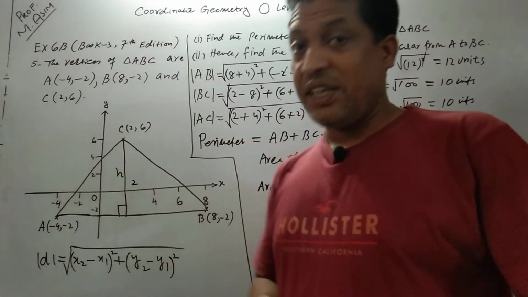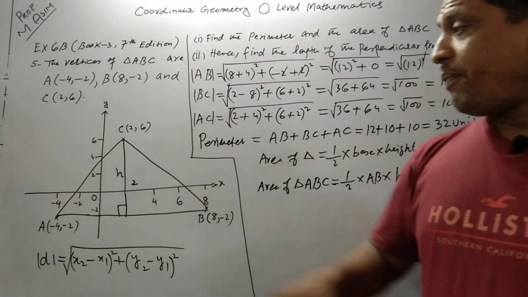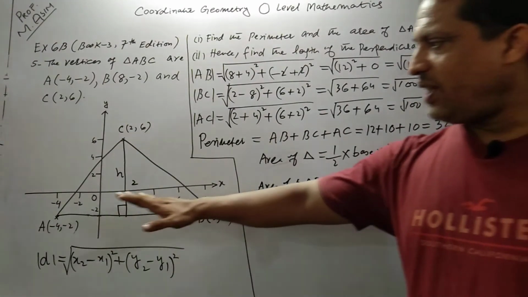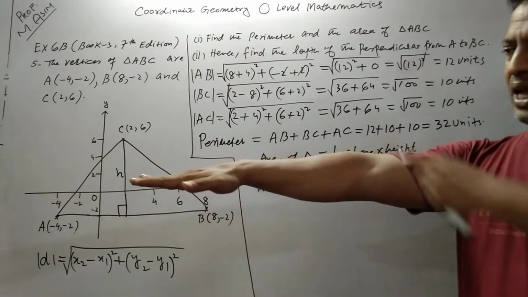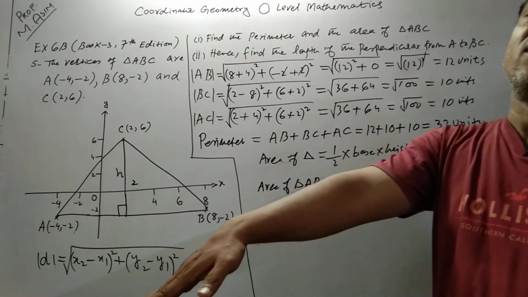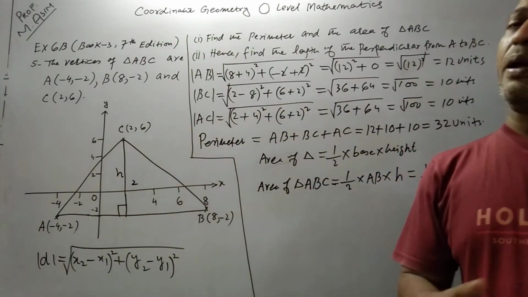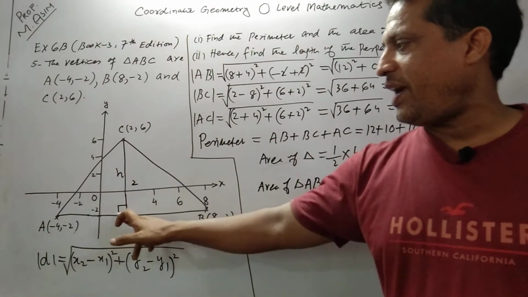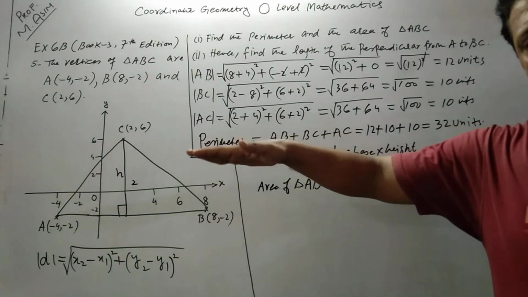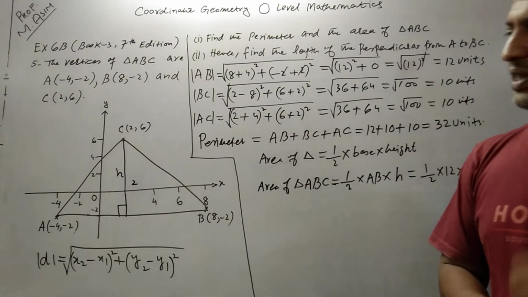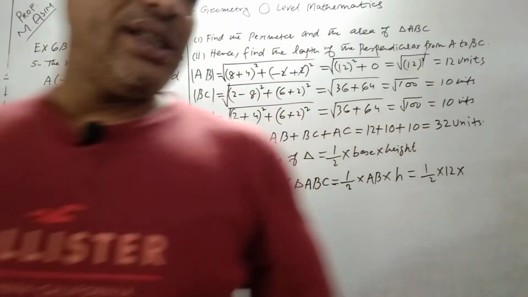Yes, this is perpendicular. Why? Because this line is parallel to the axis. If this line AB is not parallel and is just tilted, then we cannot draw the perpendicular. But in this case, we can say yes, this is our height because this line is straight, parallel to the x-axis. I hope you understand. So what is the value of this height? See this carefully.